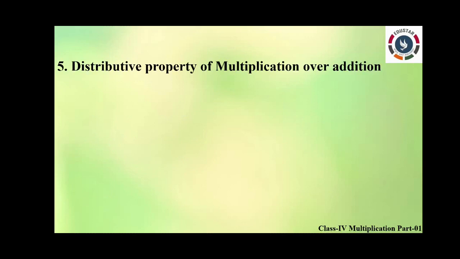Fifth property, distributive property of multiplication over addition. The product of a number multiplied by the sum of two numbers is equal to the sum of the products of that number with the two addends separately. Look at this example. The number 8 multiplied by the sum of 10 and 4. 8 into 14 is equal to 112.